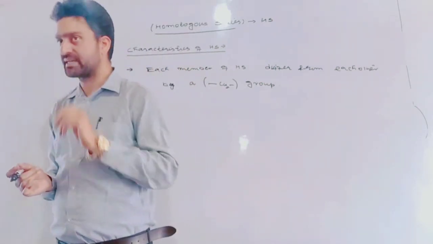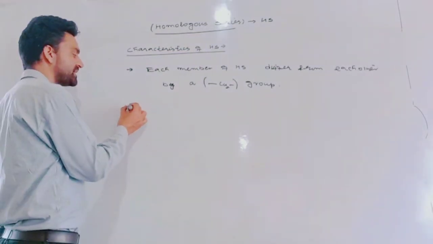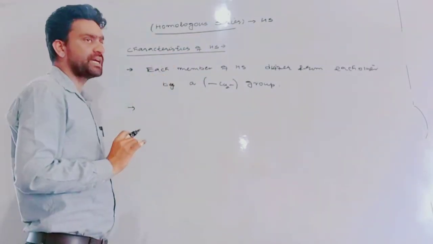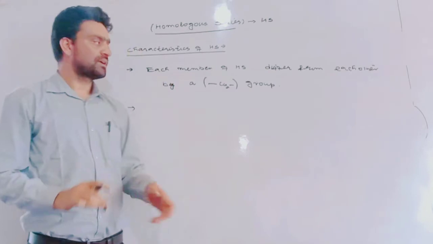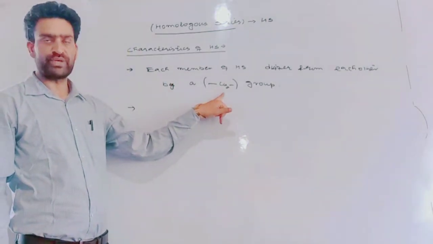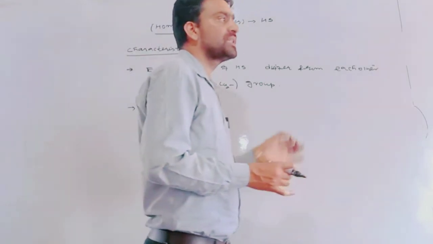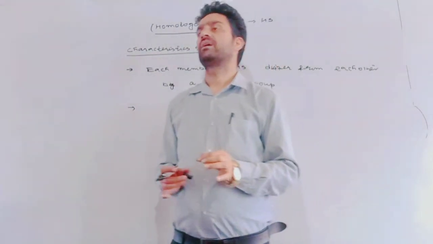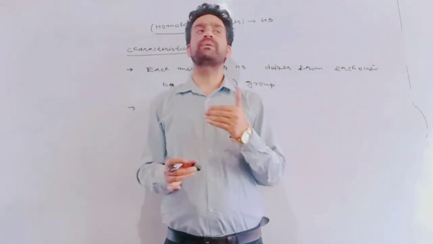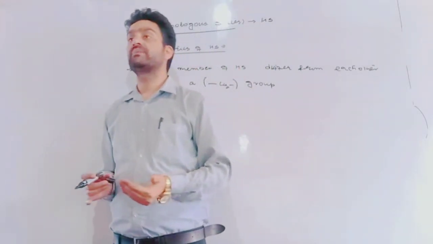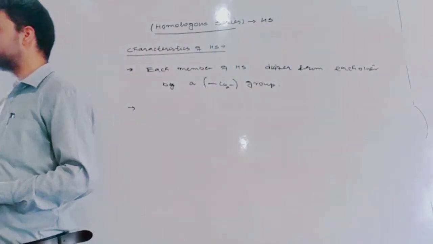Clear? Second point is that what is the atomic mass of carbon? 12. Atomic mass of hydrogen 1. Carbon 1 atom, hydrogen 2 atoms. 12 plus 2, 14. I can say the second point is that each member of homologous series differs from each other by 14 mass units. What is the next point?